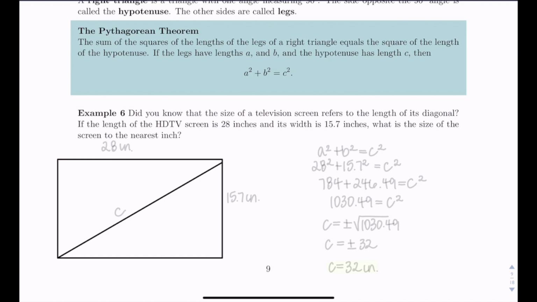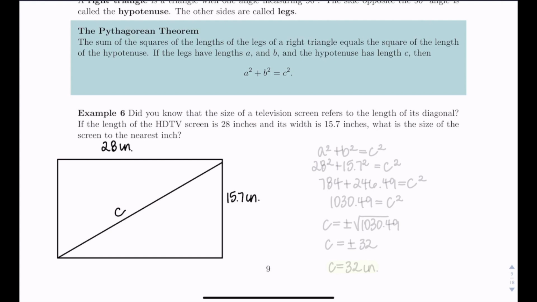We know that the length is 28 inches, and we know that the width is 15.7 inches. And we want to solve for x, or we can use c in this case because we're talking about the Pythagorean theorem.